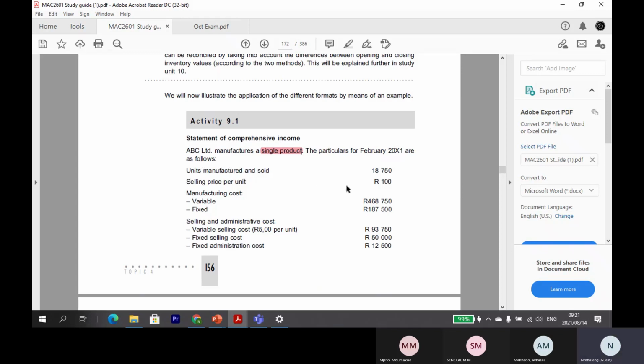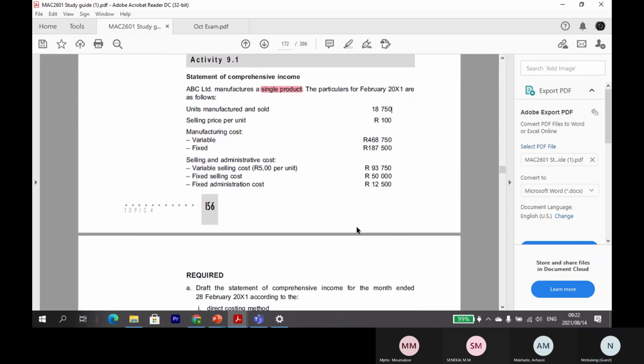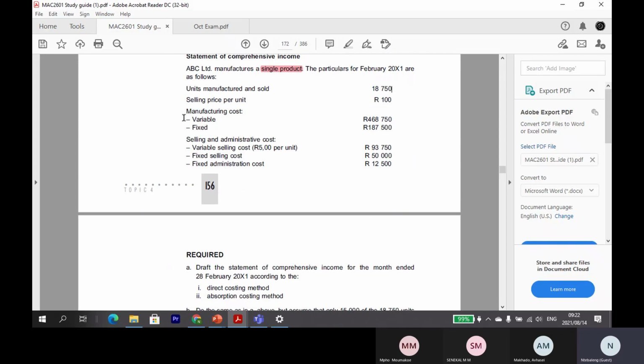Units manufactured and sold are 18,750. The selling price per unit is 100. Manufacturing cost, your variable, is 468K. Your fixed is 187K.